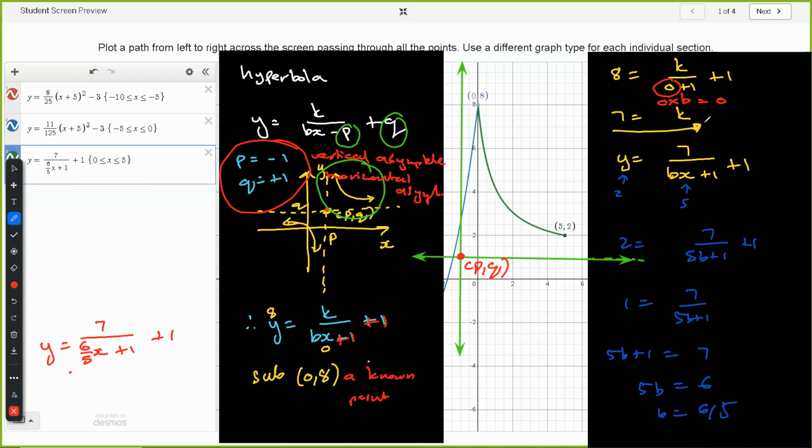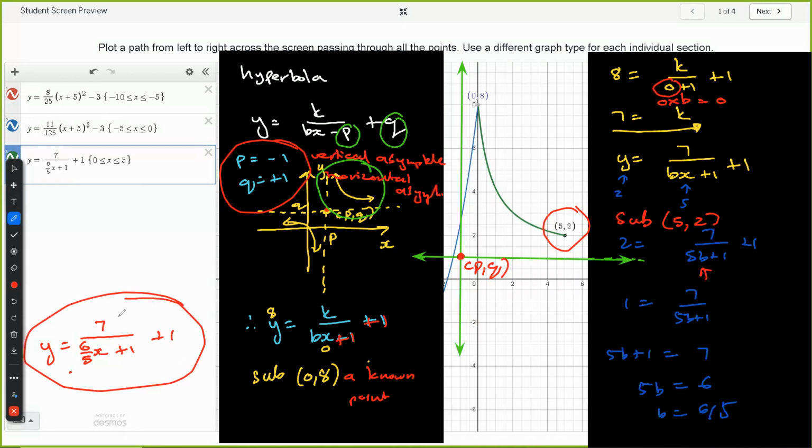Okay. And then I move on from there, substitute the next point in, and the next point is going to be 5 and 2. And so at this point here, I'm substituting x equals 5 and y equals 2, which is the other point, such that b is created to accommodate the point 5 and 2, after it has already accommodated 0 and 8, bringing this final part here.